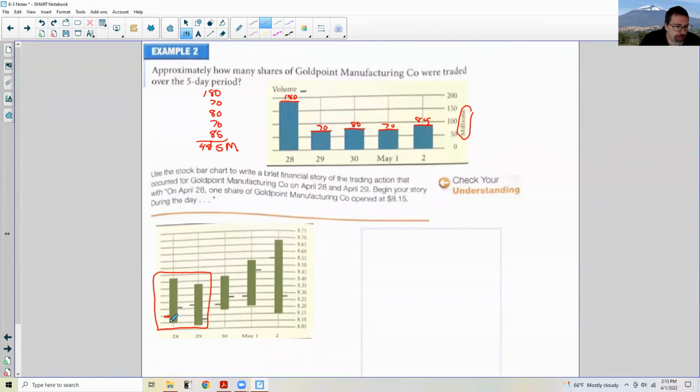During the day, it saw a low of $8.10 and a high of $8.42, and it closed at $8.21. Make sense?